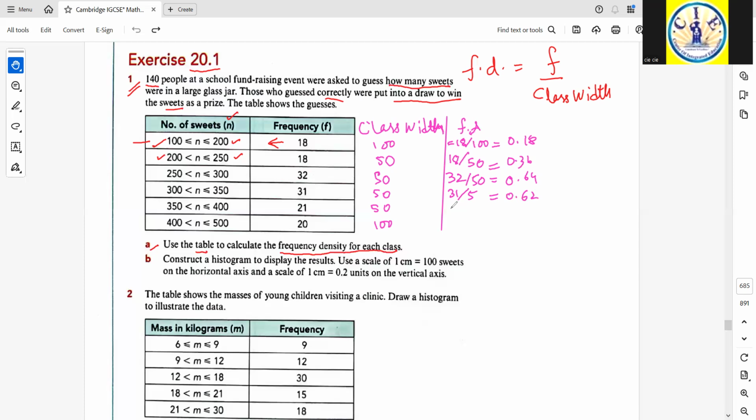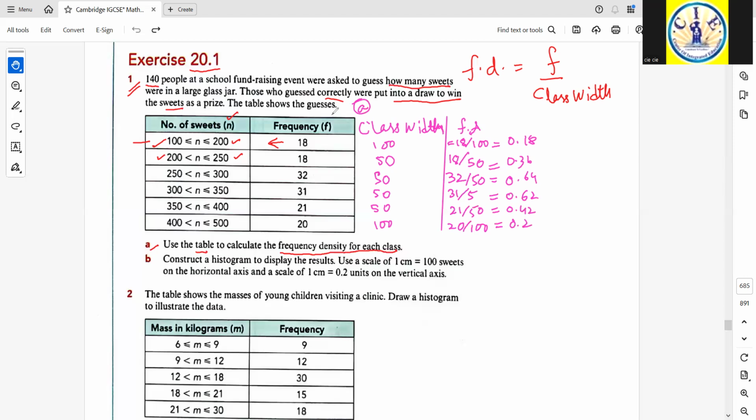This is 21 divided by 50, which will be 0.42. And then this is 20 divided by 100, which is 0.2. So we are done with the calculation of frequency densities. So we are done with part A. So this is the answer to part A.